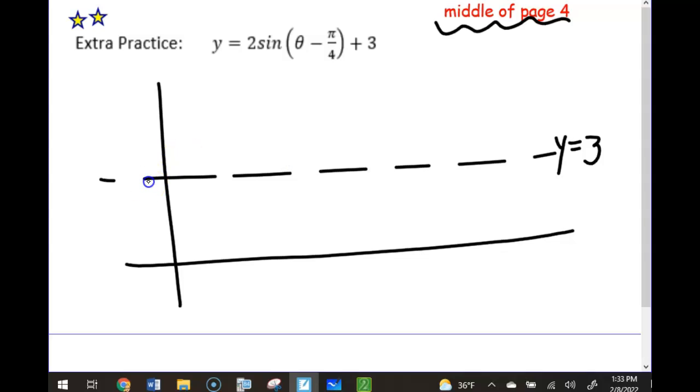Okay. What did you say back there, Zach? Okay, so if this is 3, we'd be up at what? And down at 1. Okay.